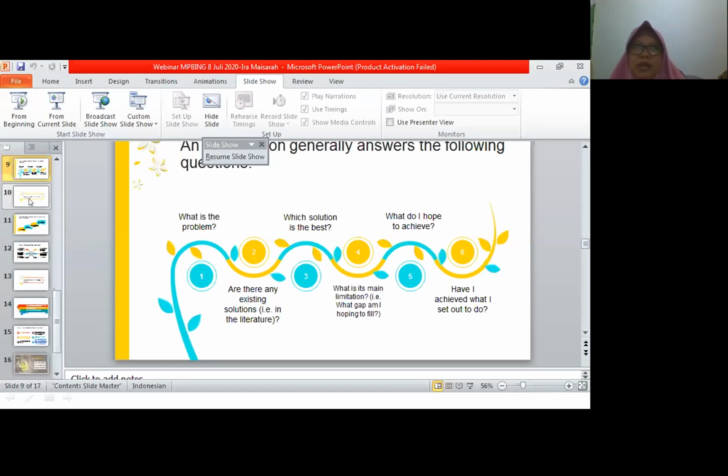When we want to find out solutions in the research, we have to know whether there are studies from previous authors or literature that we can refer to when we want to do the analysis, because it is related to the literature review in chapter 2 later on when we want to solve the problems. And then we have to know which solution is the best.